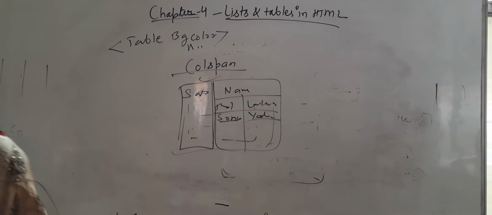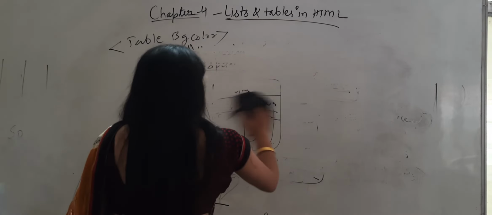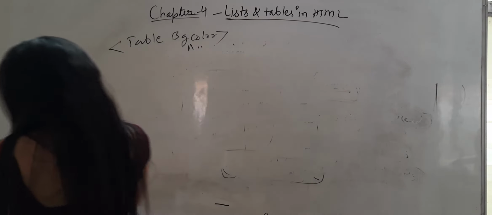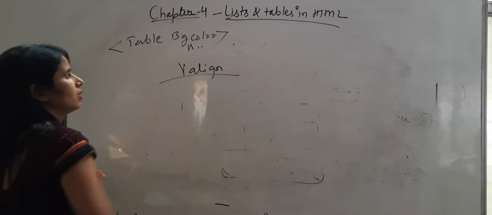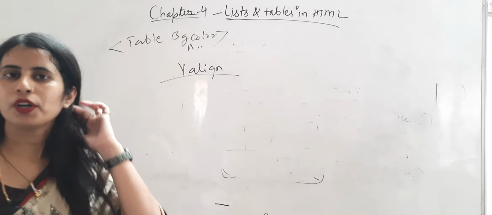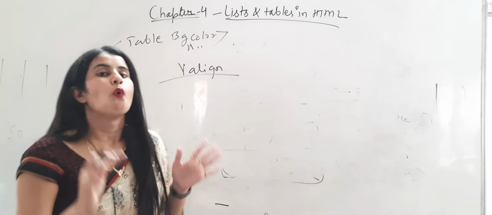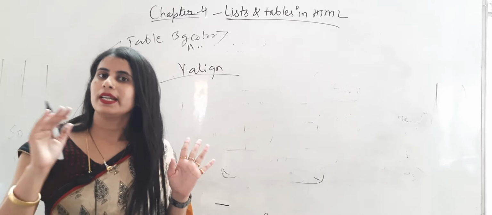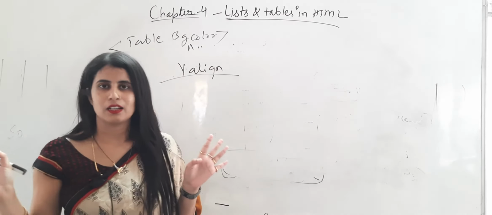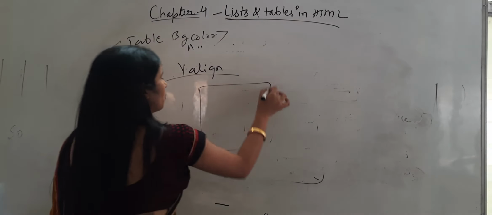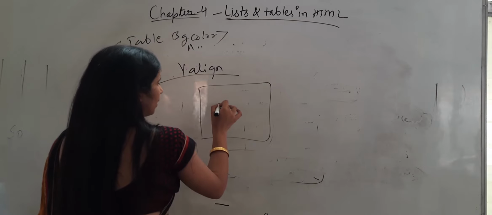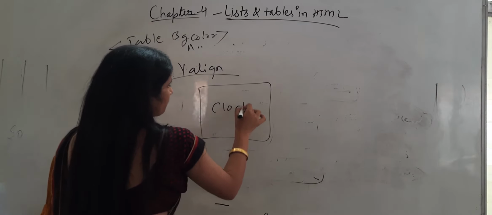Now the next is V-align. What is it? If we want to align the data vertically, it is known as vertical alignment. Whenever we write any text, suppose I want to write the text cloak.